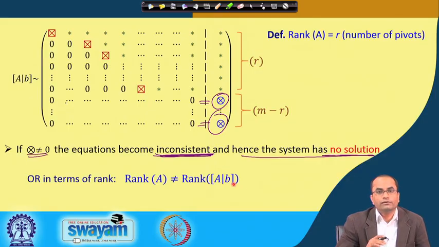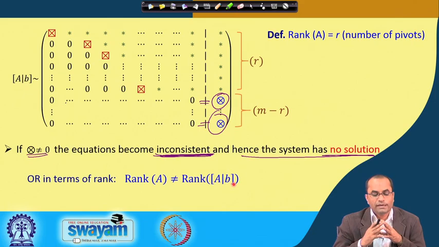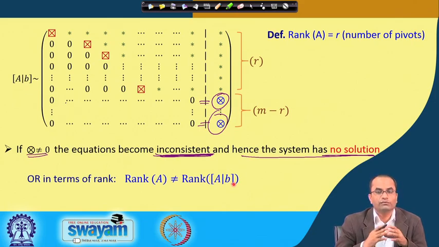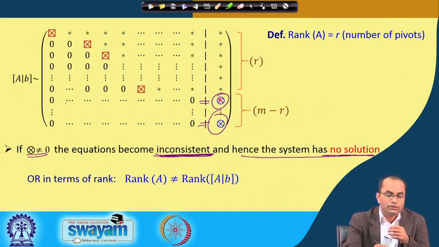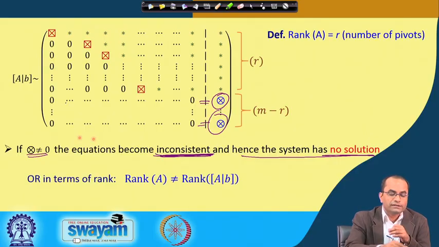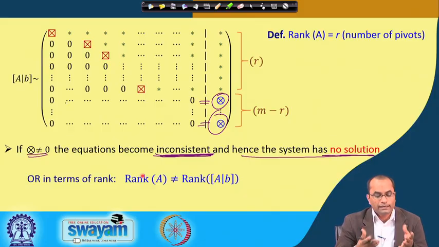And it is not equal to the rank of the whole augmented matrix, because when these are non-zero numbers, the rank of the whole matrix, that means the number of pivots in the whole matrix, will be more than the rank of A, and in that case we have inconsistency.